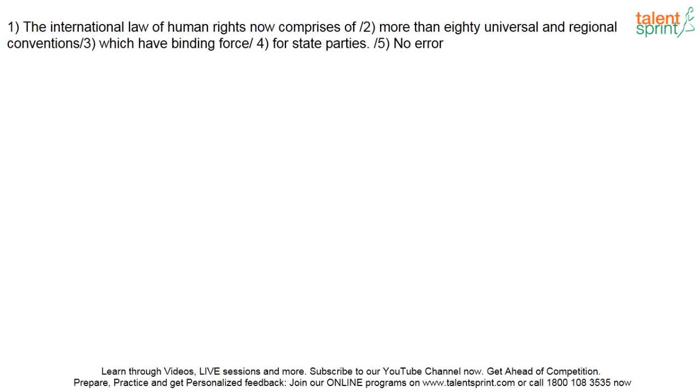So explain, why do you feel part 2 and part 4 have errors? Yes. See, the first obvious thing that you need to notice is, obviously in part 1, you don't say comprises of.